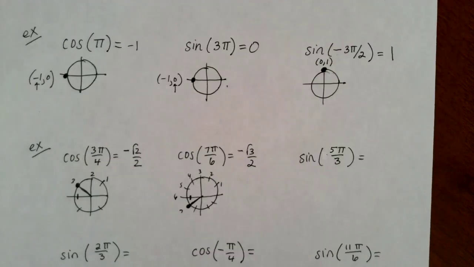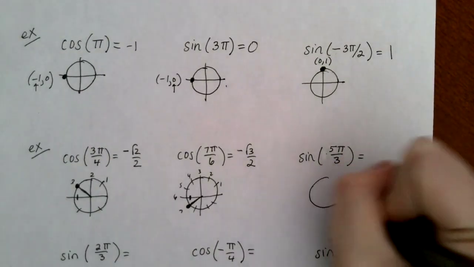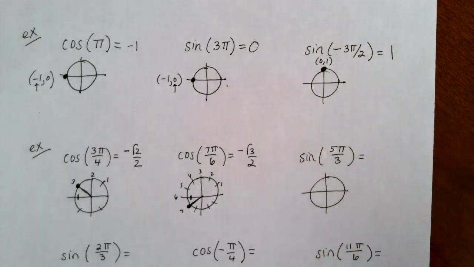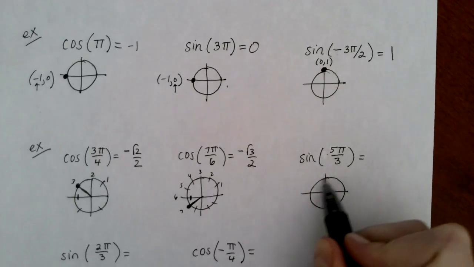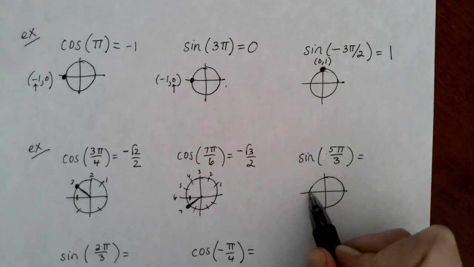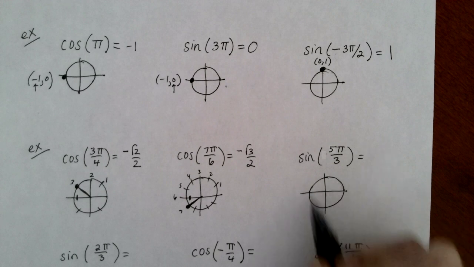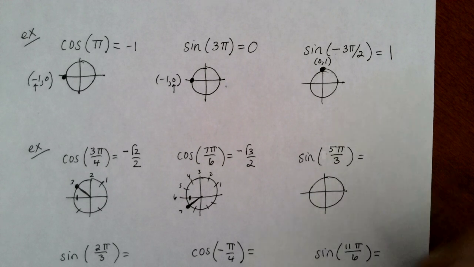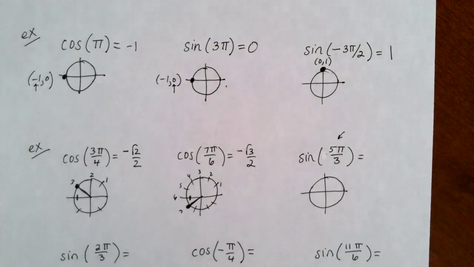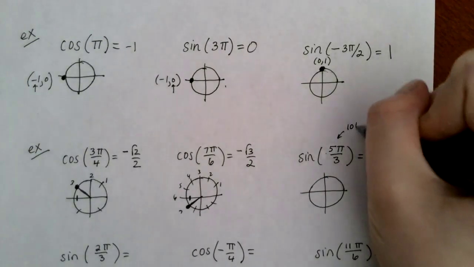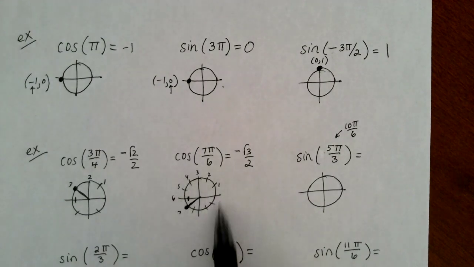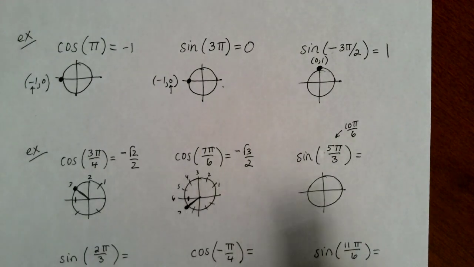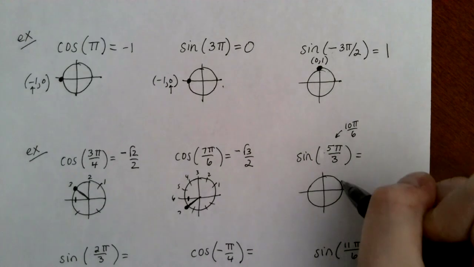All right, sine of 5 pi over 3. I have options for locating 5 pi over 3. If you want, you can think about this 180, like the top hemisphere, being cut into thirds, and then count out 5 of those. Or, because this would have come from simplifying 10 pi over 6, I can just kind of repeat this same countdown with the pi over 6's and just wait until I hit 10.